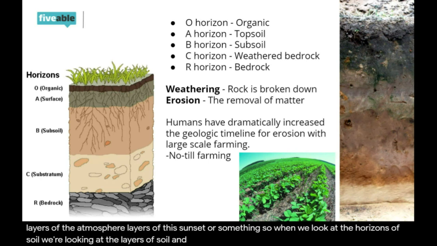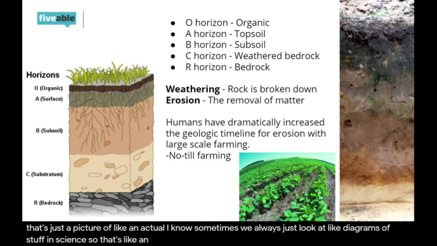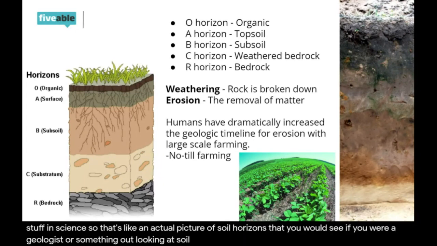And in this little drawing, and then on the right side, that's just a picture of an actual soil. I know sometimes we always just look at diagrams of stuff in science. So that's an actual picture of soil horizons that you would see if you were a geologist out looking at soil. And then we can break down these horizons.